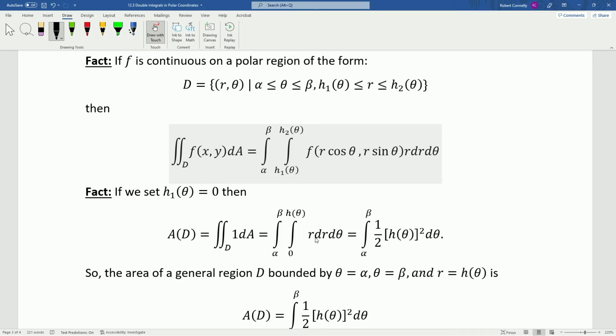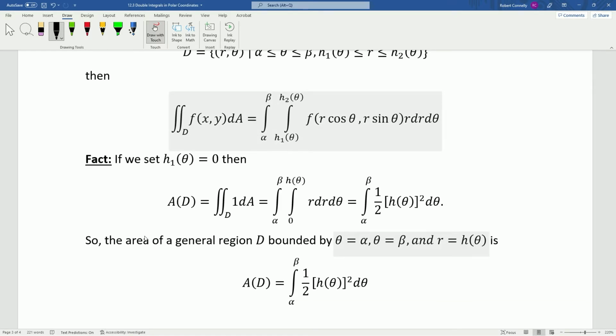When we integrate r here, we get r squared over 2. And when we evaluate it at h, that gives us h of theta squared over 2 d theta. So in other words, the area of a general region D bounded by theta equals alpha, theta equals beta, and r equals h of theta is the integral from alpha to beta of 1/2 h of theta squared d theta.